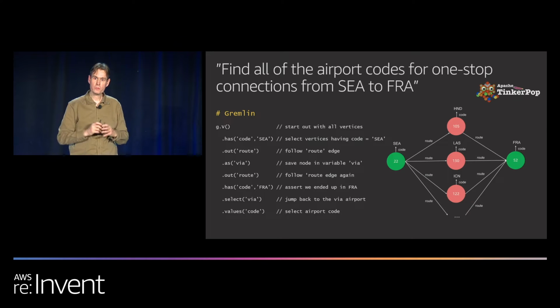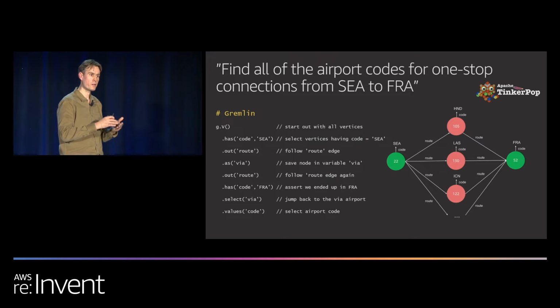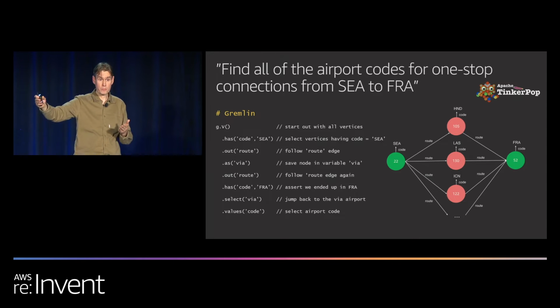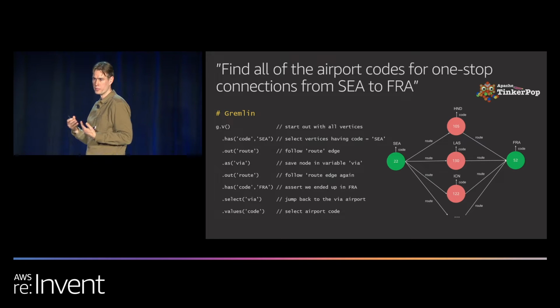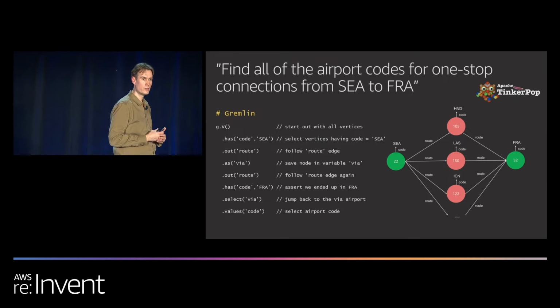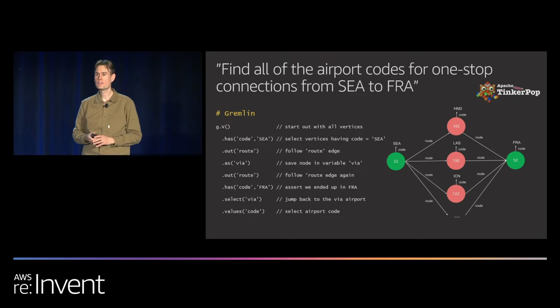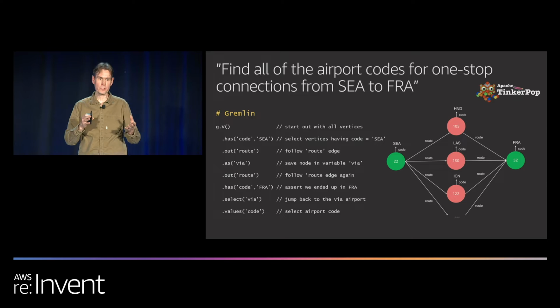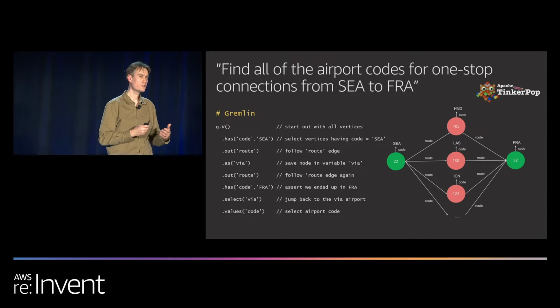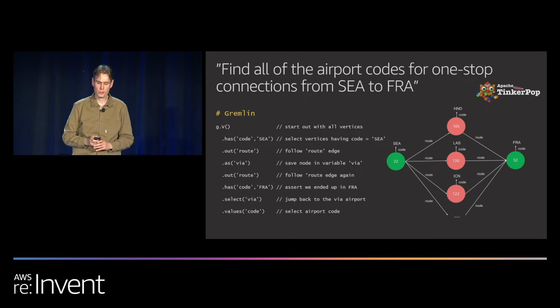From that collection of intermediate nodes, we then take another step out in the graph to find routes from them that terminate in a node that has the code for Frankfurt. In the last two steps of this traversal, we retrieve the intermediate results, and we print out the values for the codes. And that's how Gremlin would evaluate this question using an imperative traversal model.